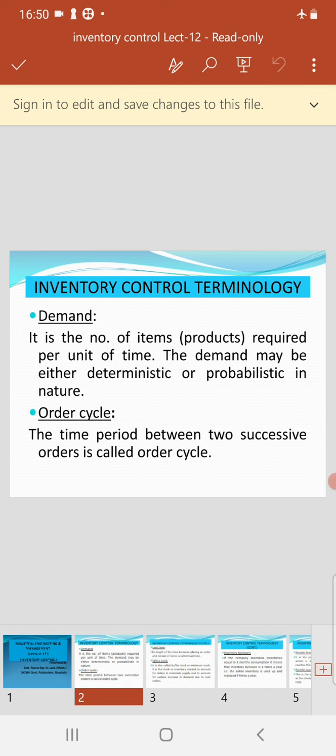The next term is order cycle. What is order cycle? The time period between two successive orders is called order cycle. One order is placed, and the time after which the next order is placed is known as order cycle.